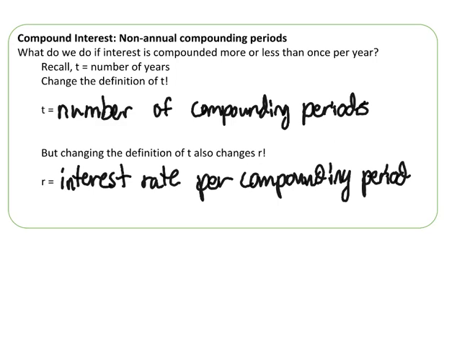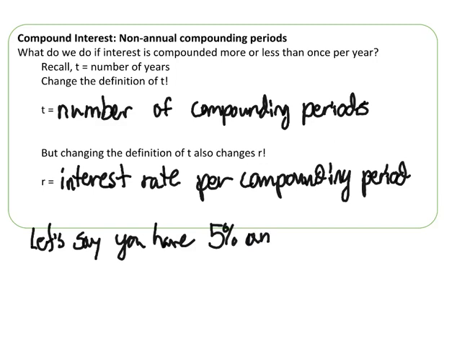Let's say you have a 5% interest rate, or annual interest rate, but it's compounded monthly.